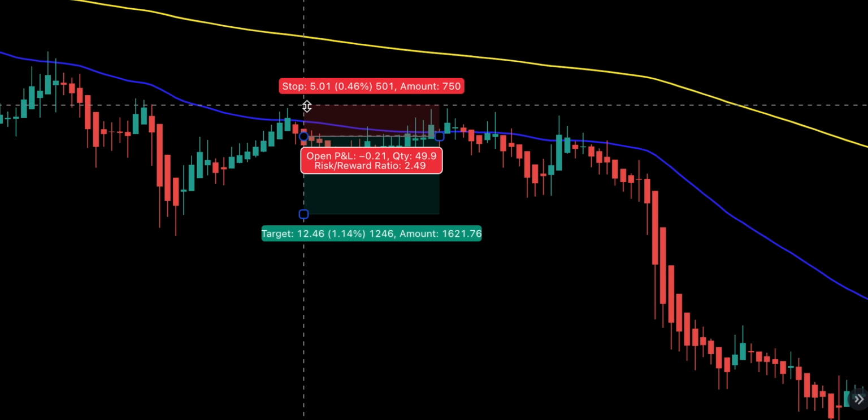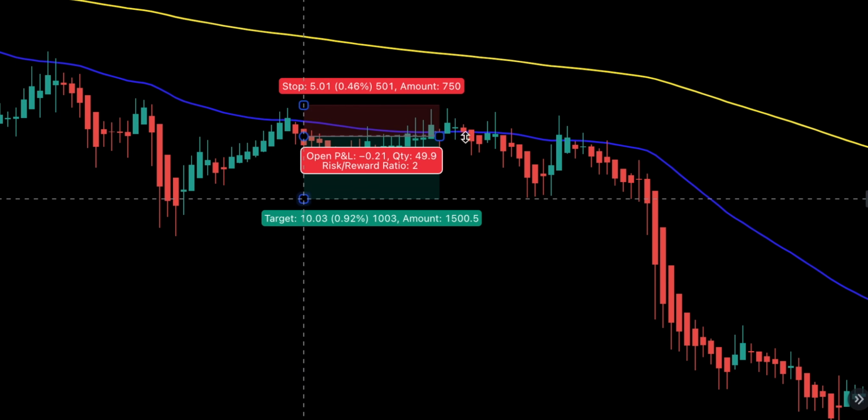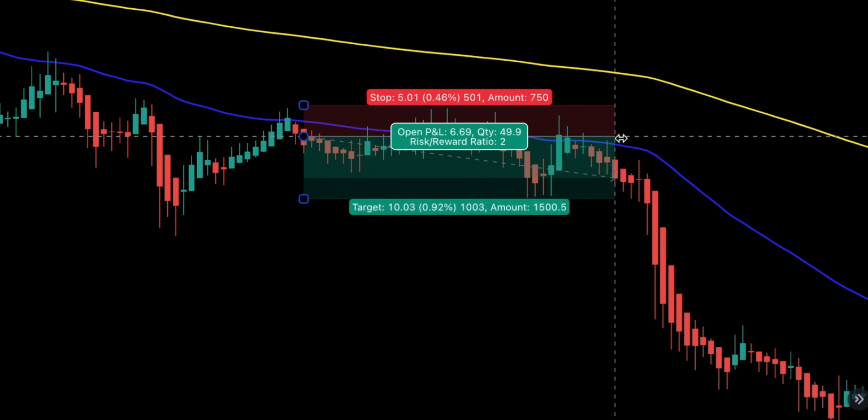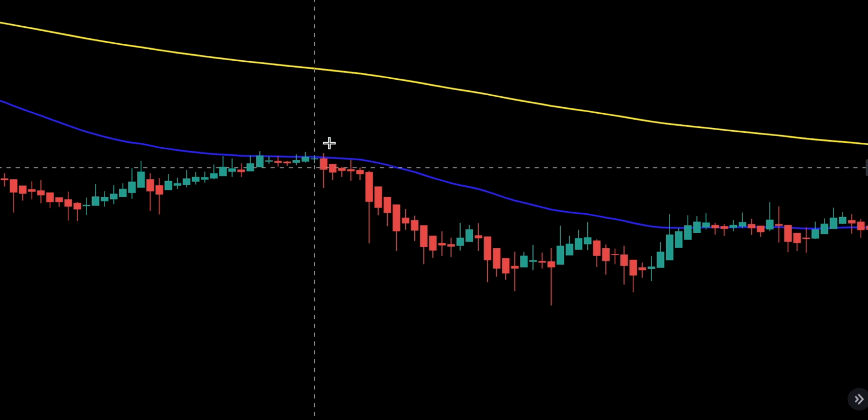You can set your stop loss at the recent swing high, and let's target 2 times the risk. And again, this thing happens over and over again.